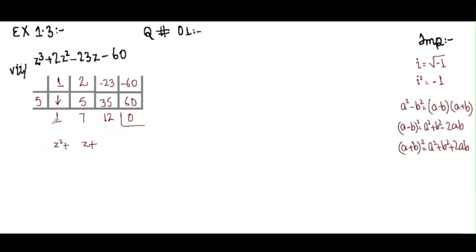So the first term is 1, with z we write 7, and the constant term becomes 12. This is one of the factors, and the other factor is z equals 5. So when 5 is brought over here, we get z minus 5 equals 0. So this is also one of the factors. We are going to write it over here, z minus 5.